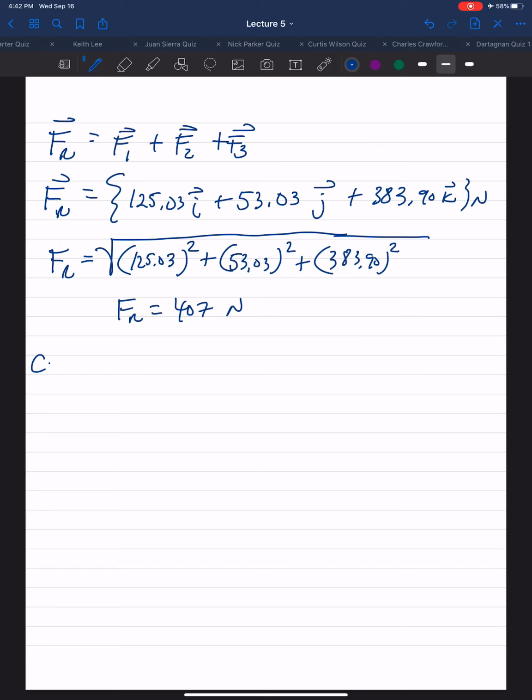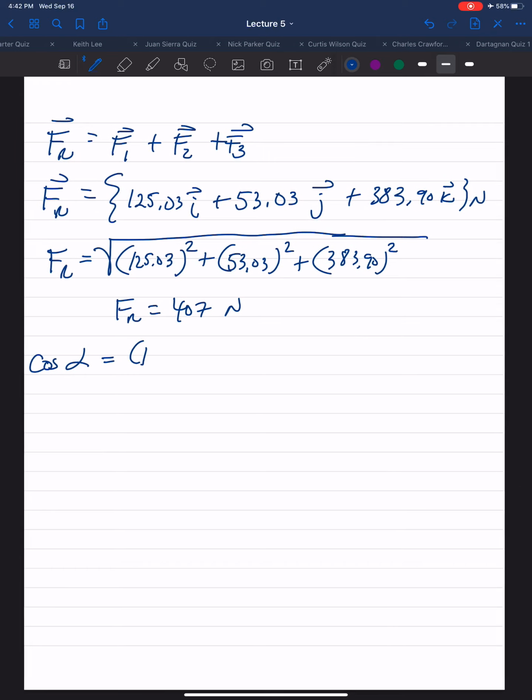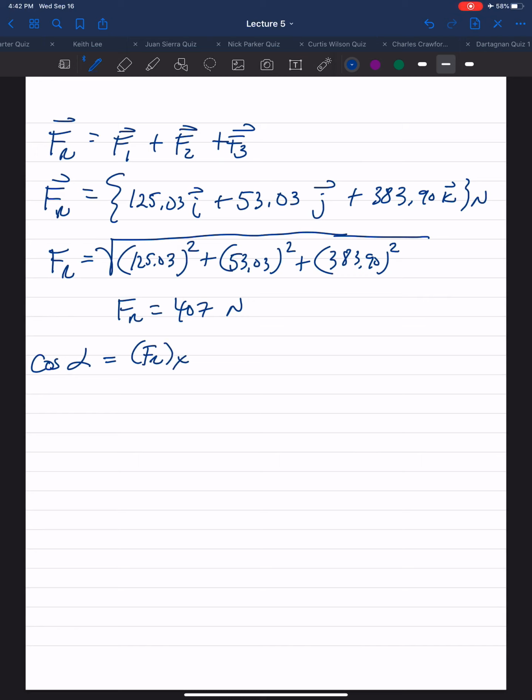Once again, the coordinate direction angles over the magnitude of the resultant force, 4 and 7.